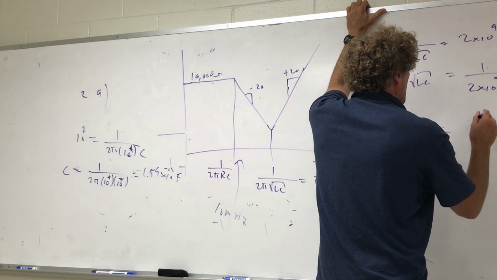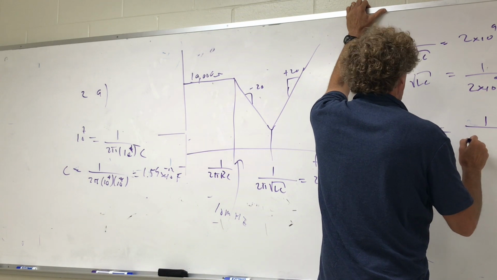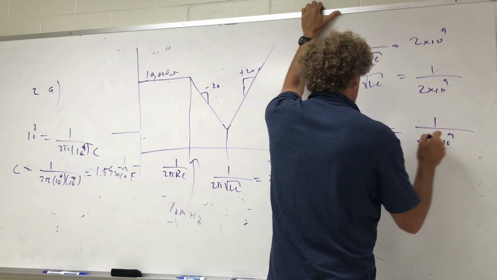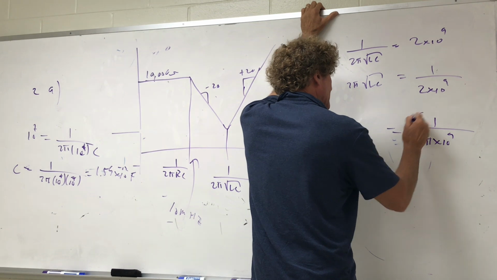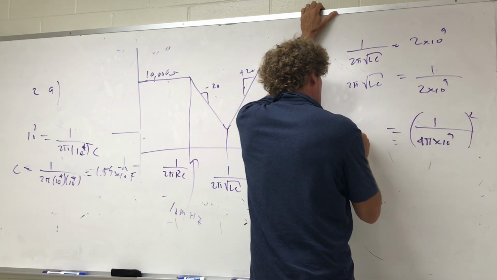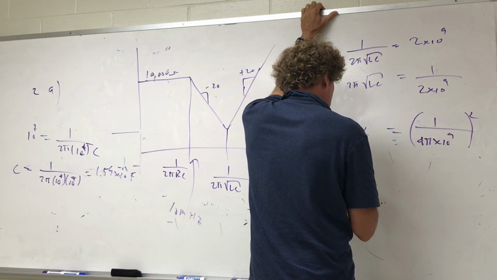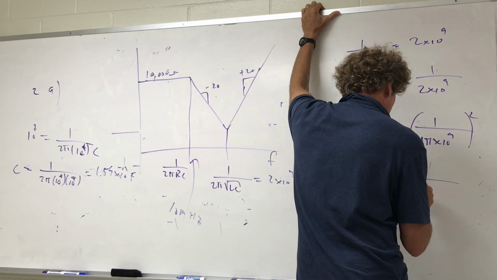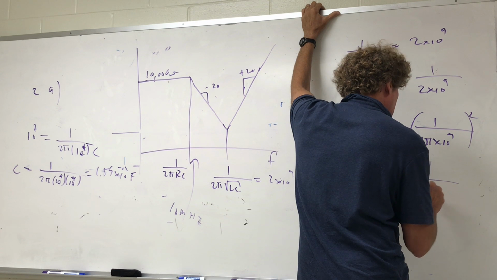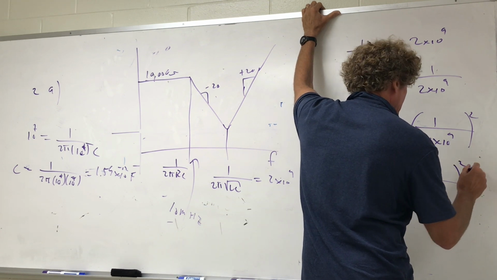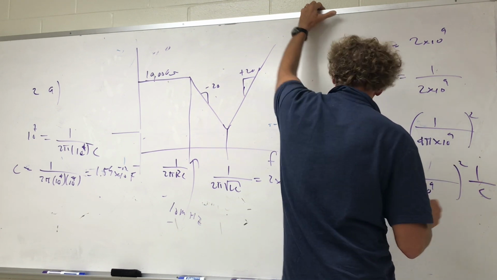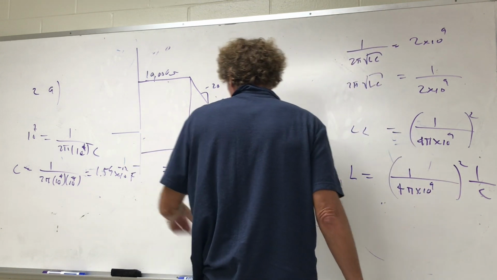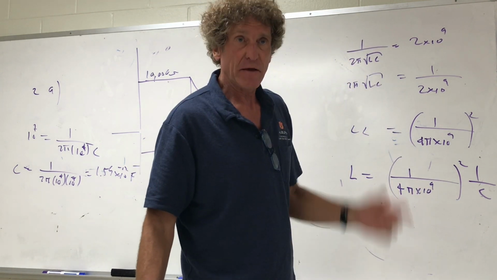So I get 1 over 4 pi times 10 to the 9th is equal to the square root of LC. If I square it, I get LC, and that means I get L as 1 over 4 pi times 10 to the 9th squared, divided by C, and C is 1.59 times 10 to the minus 12, and that should be the right answer.